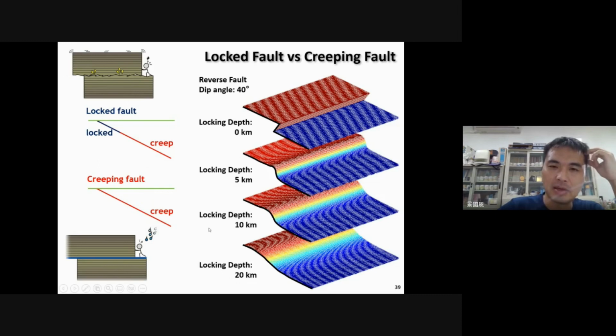And with the increase of the depth of the top of the fault, the velocity gradient just decreases. So velocity gradient is the key. If the fault is a creeping fault, then we will see a very clear velocity difference across the fault.